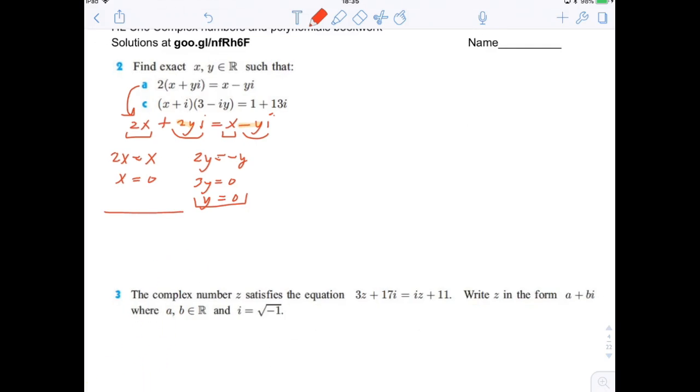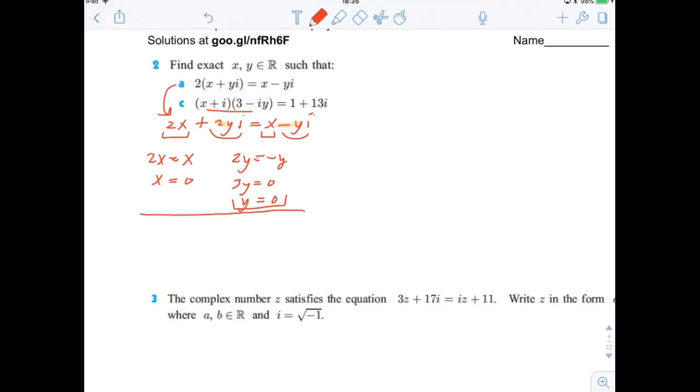Okay, C looks a little bit more challenging. First, we're going to FOIL the left side. So first terms multiplied together give us 3x. The inside and outside terms, 3i minus x times iy is going to give us negative ixy.